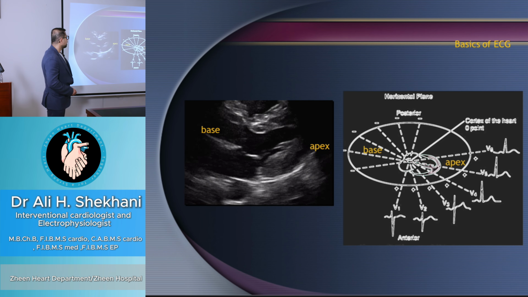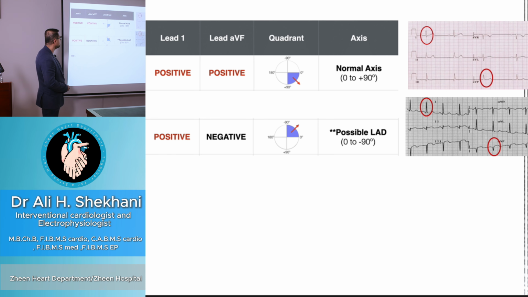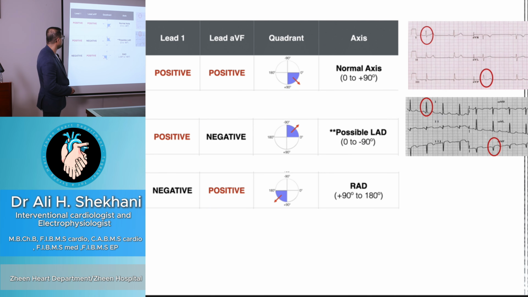In left axis deviation, we expect lead 1 positive and aVF negative. Because aVF, as I told you, is located in the inferior area, the direction of electricity is opposite to aVF, so aVF is expected to be negative. Right axis deviation is the opposite.